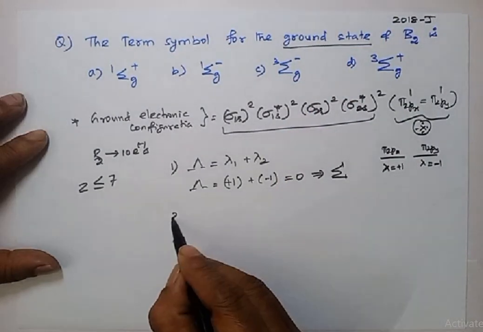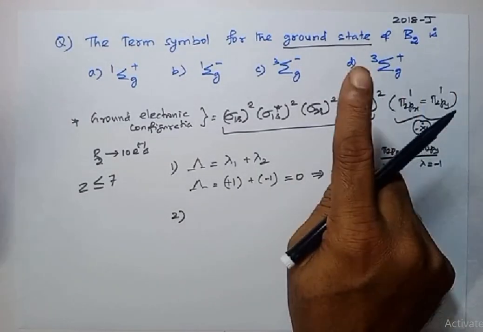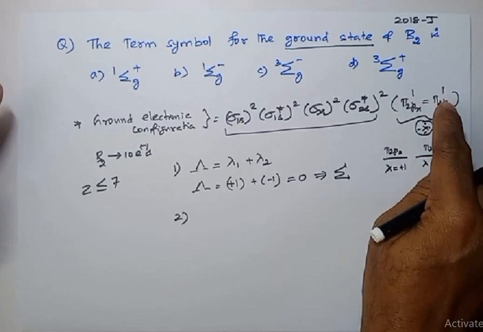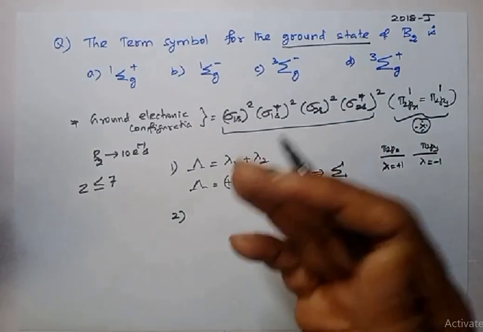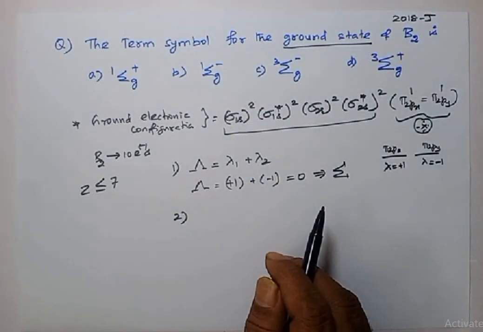Okay, then second point. Listen, the 2 electrons are unpaired. This electron is present in the pi 2px orbital and this electron is present in the pi 2py orbital. You know very well, we need to find out the ground state term symbol.